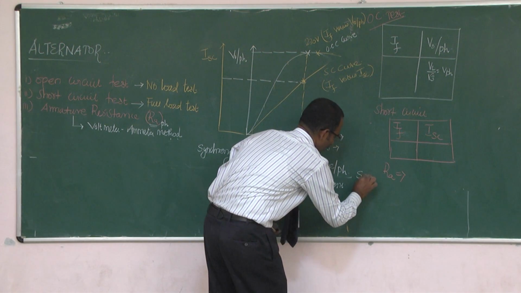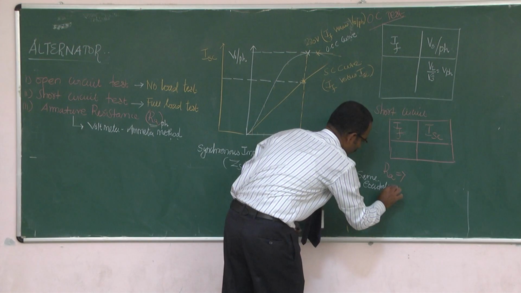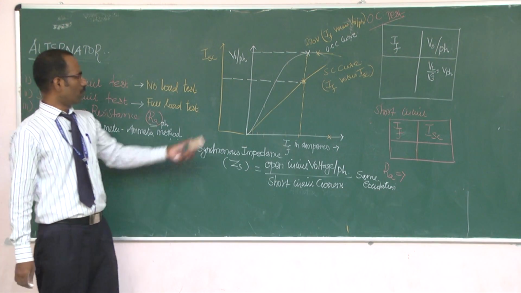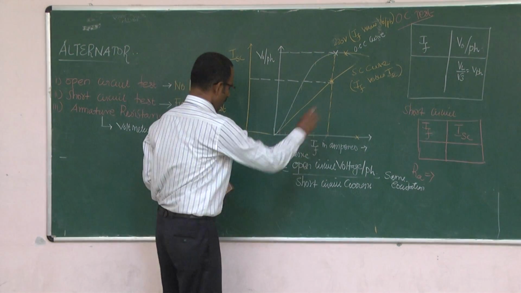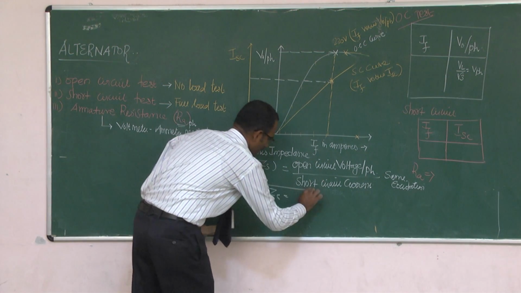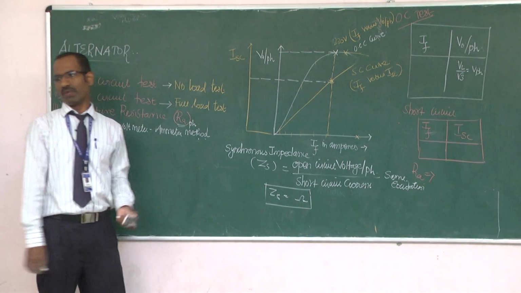It is most important. So we will take the value of the open circuit voltage as well as the short circuit current for the same excitation. By using these two values, we can find the synchronous impedance. The unit for the synchronous impedance is ohms.